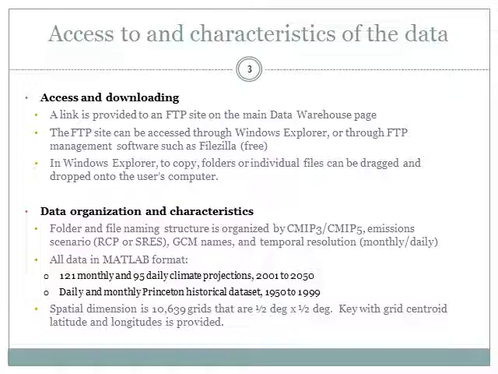GCM names, and there, for example, with RCP 4.5, there are 23 monthly GCM outputs, so 23 separate files for that RCP alone, and then also temporal resolution, so monthly and daily. This is the folder and file structure.